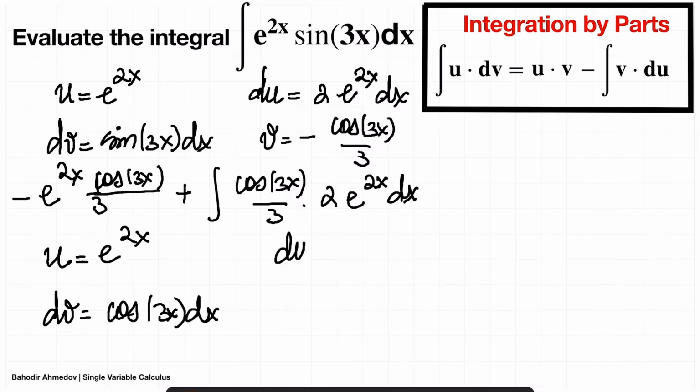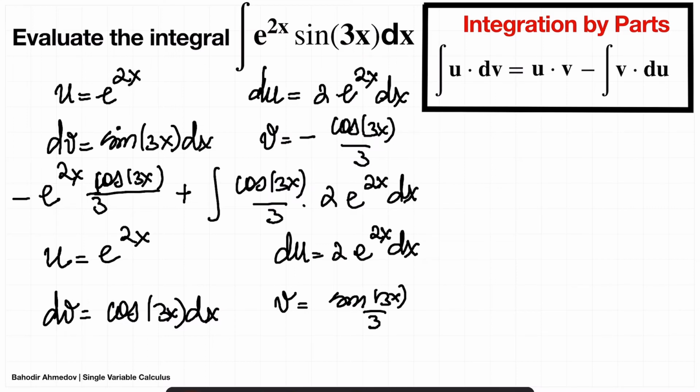Then du is going to be equal to 2 e to the power of 2x dx again. And v is going to be equal to sine of 3x divided by 3, without dx.